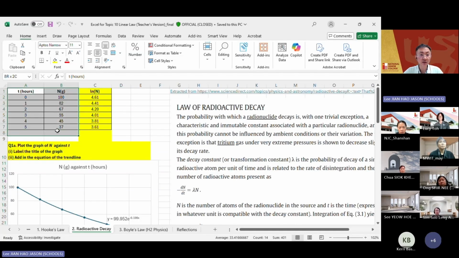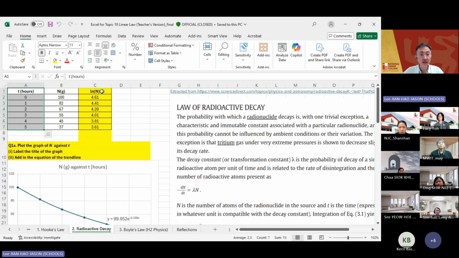Okay. In the top left-hand corner here, we have a table. It shows the amount of radioactive substance in the body, represented by this letter N, versus the number of hours that this radioactive substance is left to decay.